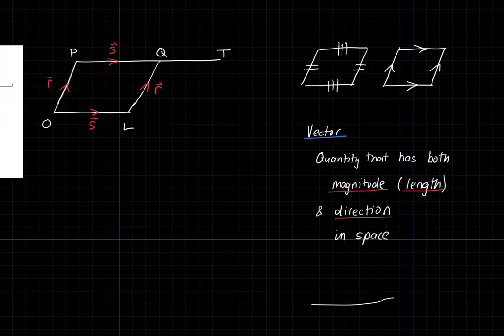Okay, so we could write also that if OP is equal to R, then L to Q is equal to R. So if OP here is equal to R, then LQ here is equal to R.